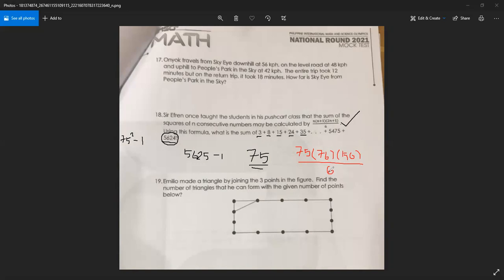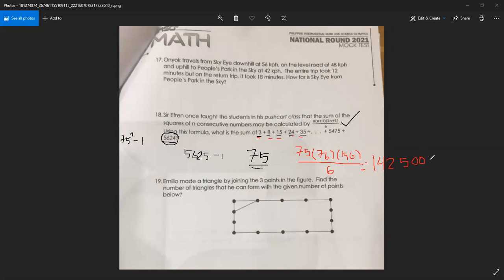So 75 times 76 times 150 divided by 6. I'm just going to use my calculator, and we will get 142,500.